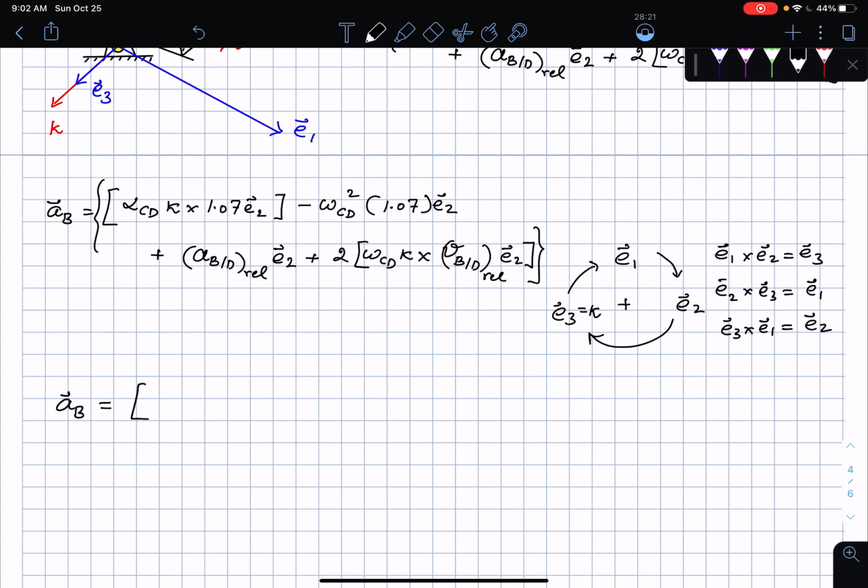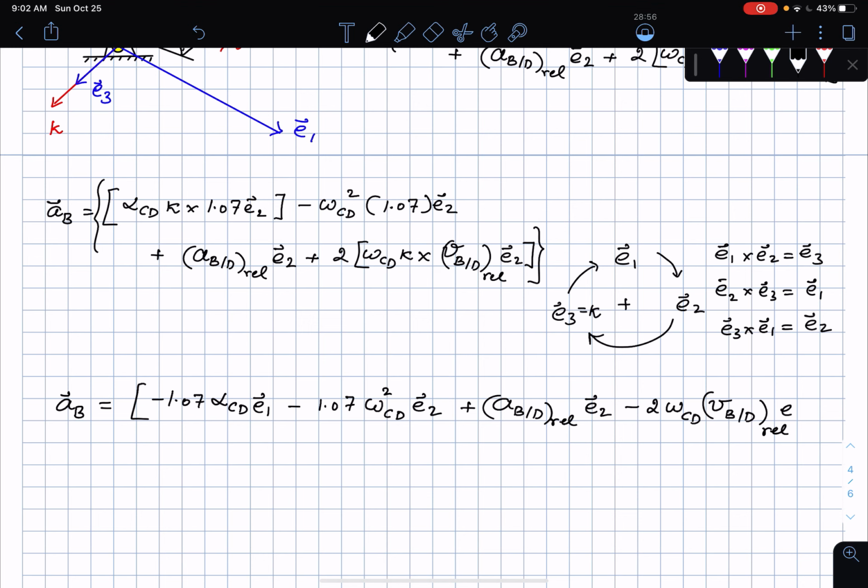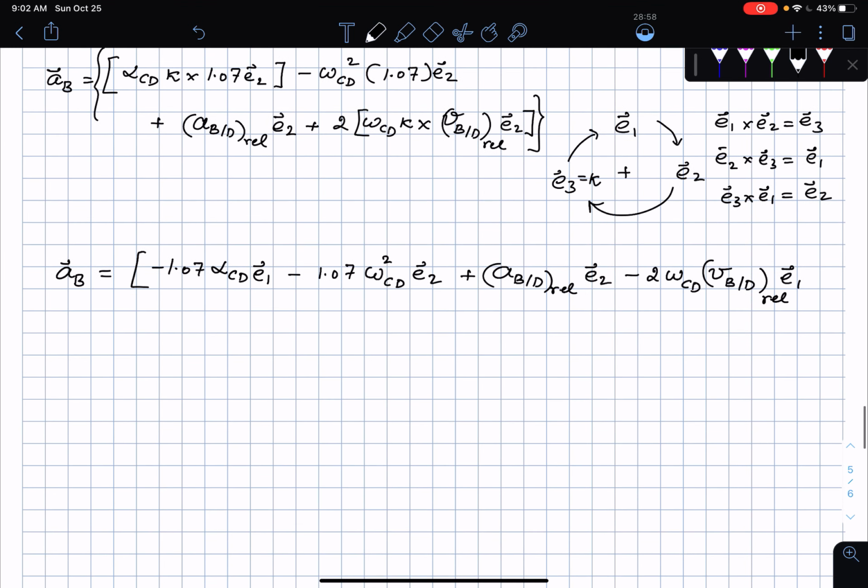Now K cross E2 is going to be minus E1, so this is going to be minus 1.07 alpha CD E1. Then this is just going to be minus 1.07 omega square CD in the E2, cannot do much about that. And then I'm going to have A B slash D relative in the E2 direction, can't do much about that either. And then K cross E2 is going to be minus E1 once again, so this is going to be minus 2 times omega CD V B slash D relative in the E1 direction, and I'm going to combine them together.